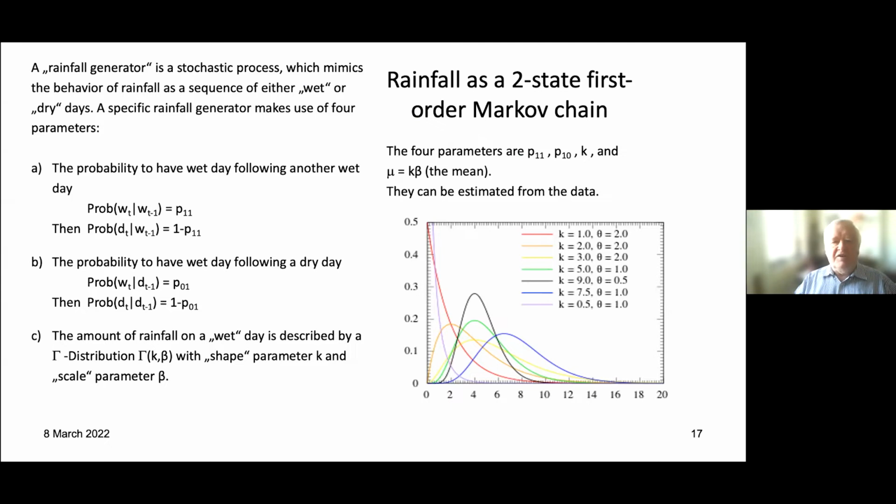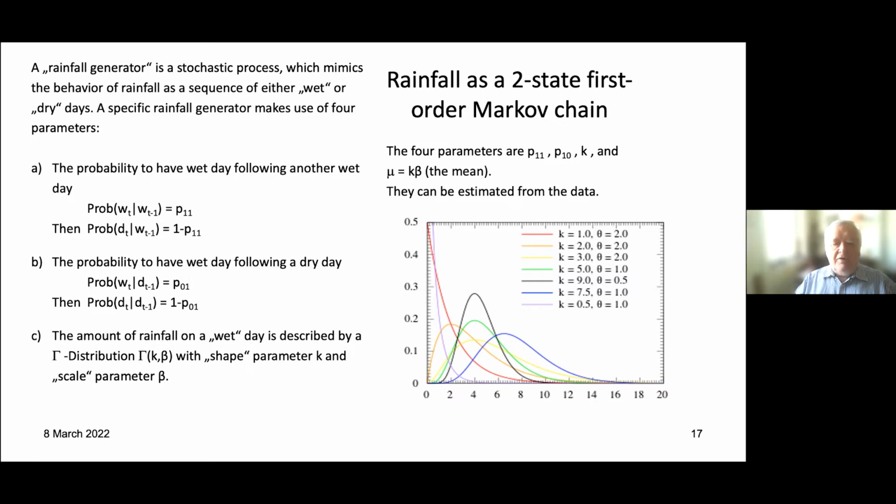The simplest rainfall generator makes use of 4 parameters, namely the probability to have a wet day following another wet day, P11, and the probability to have a wet day following a dry day, P01. These are 2 parameters.